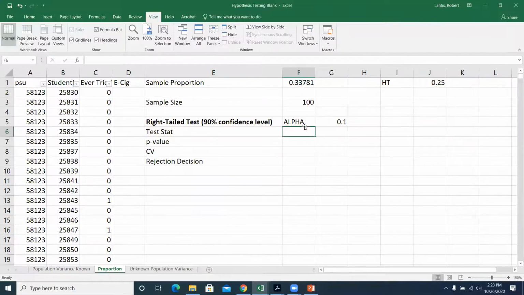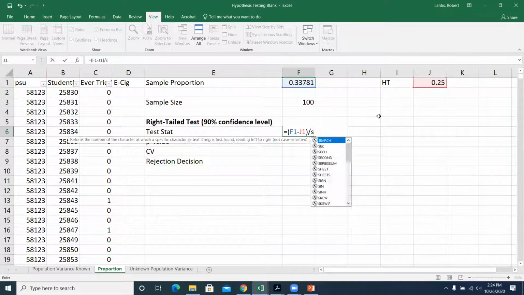So I'm just going to be entering that formula into Excel here. So the numerator was take the sample proportion you found and subtract the assumed true proportion, which I put over here. Okay? And I'll show you why that's useful instead of just entering in 0.25 there.